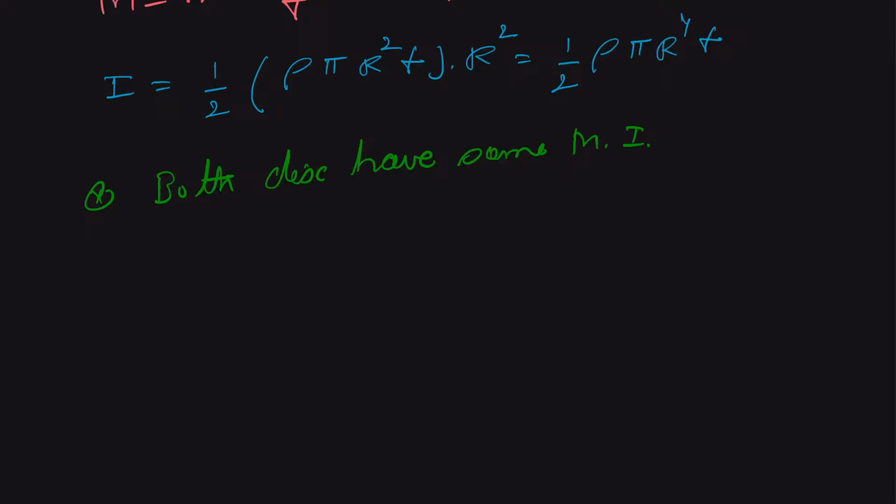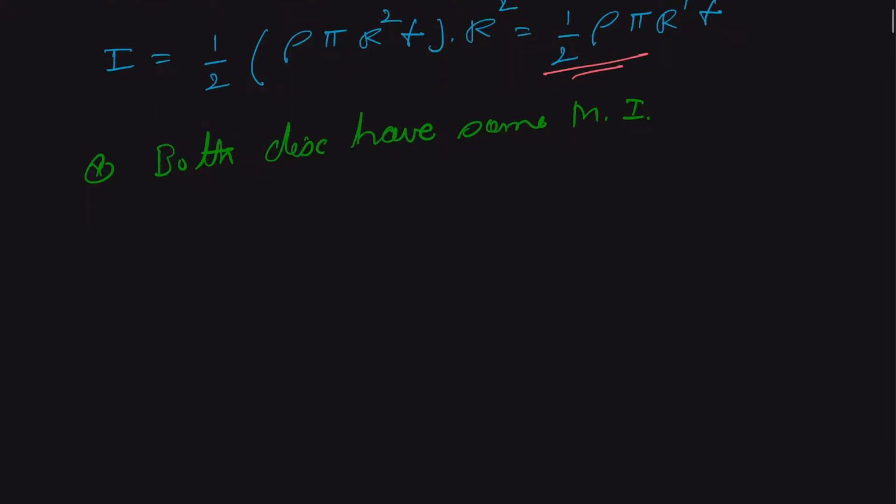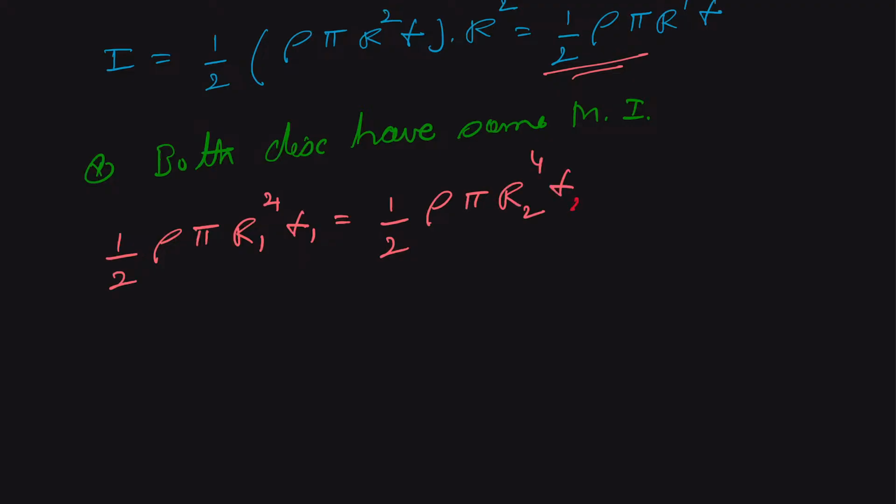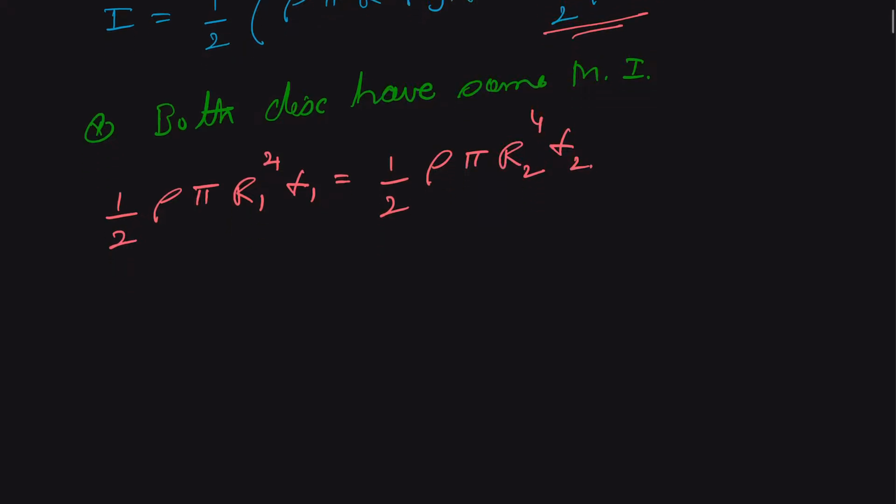Therefore we can write this general formula into two parts. First will be half rho pi r1^4 T1 is equal to 1/2 rho pi r2^4 T2. Therefore this half rho pi cancels out.